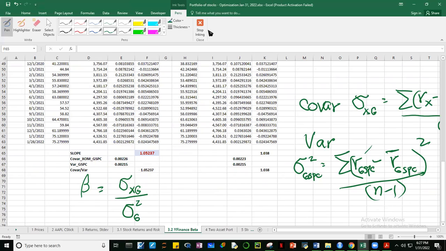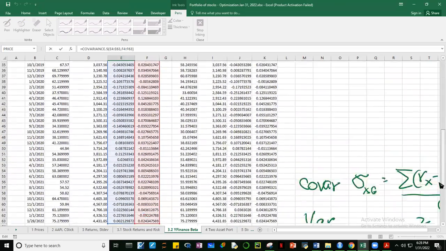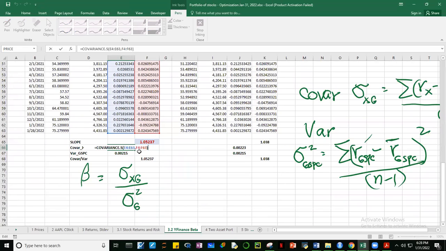So here, okay, tingnan nyo yung formula dito, guys. Ang ginawa ko dito, first, I computed for the covariance. So it's the covariance of your asset returns and your market, okay? This one is the returns of Exxon, okay? Tapos yung nasa F naman, yung returns ng market, which is GSPC.